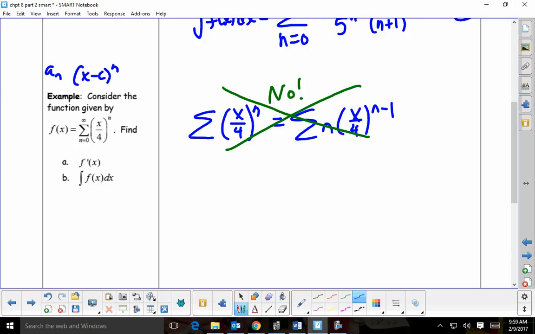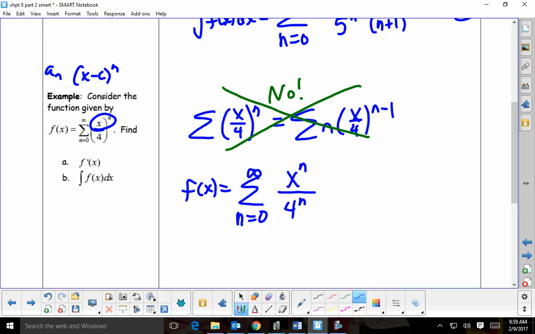So in this case, what's my c value? Am I subtracting anything? So it's 0. I'm centered at 0. So I need to get that part by itself and everything else. So just to rewrite f of x, that's like x to the n over 4 to the n.